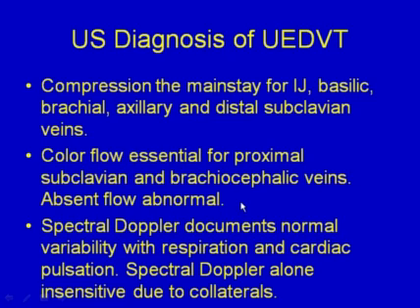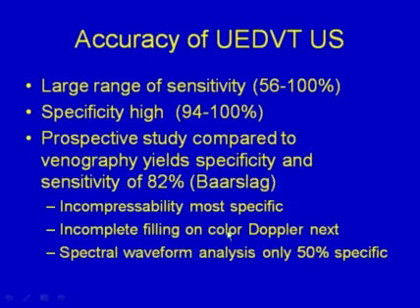And in this case, if you don't see flow in those areas, that is considered abnormal. The spectral Doppler will document normal variability with the respiratory and cardiac cycles. However, spectral Doppler alone can be insensitive to clots because in the upper extremity we develop collaterals fairly quickly, and you can see nice variability in these collaterals as well. So the accuracy of upper extremity DVT is not as good as in the legs.